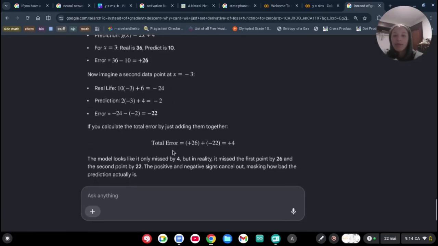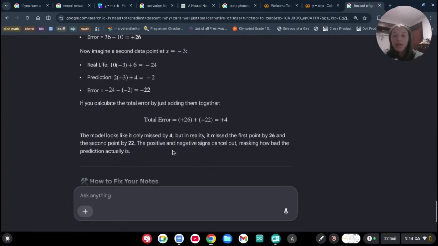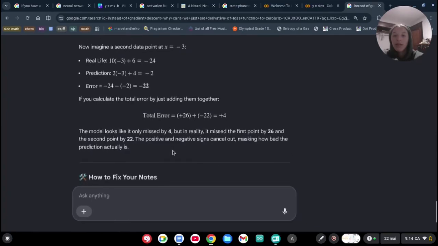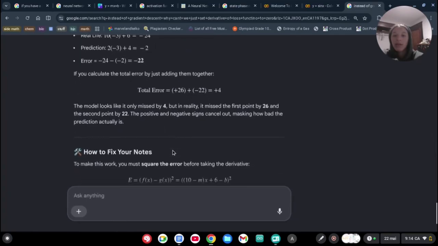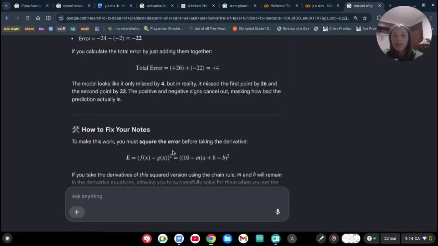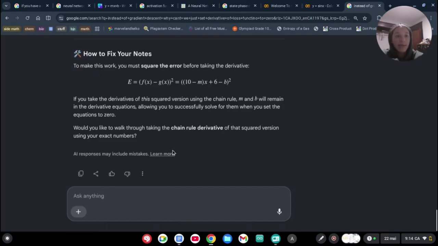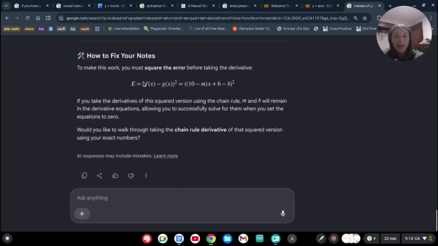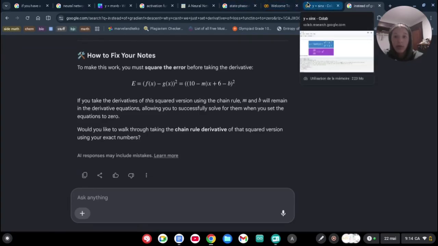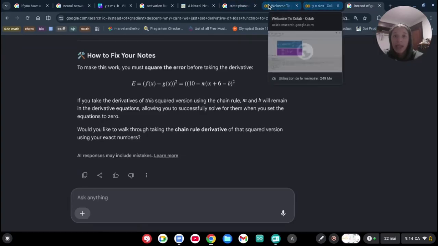So now, I guess we have no choice but to square the error before taking the derivative. And then it will work.